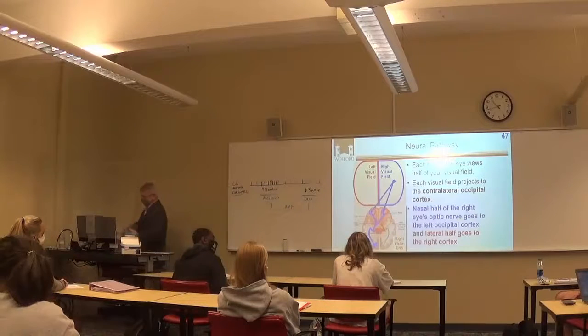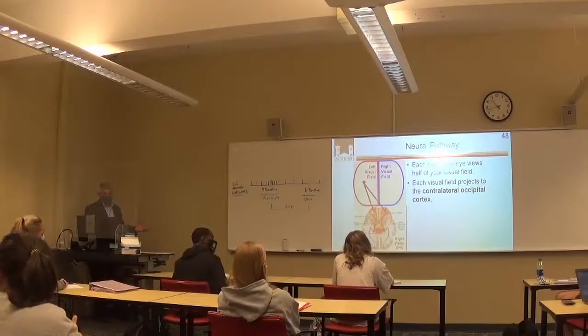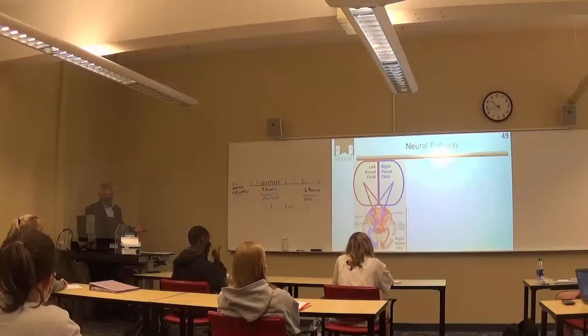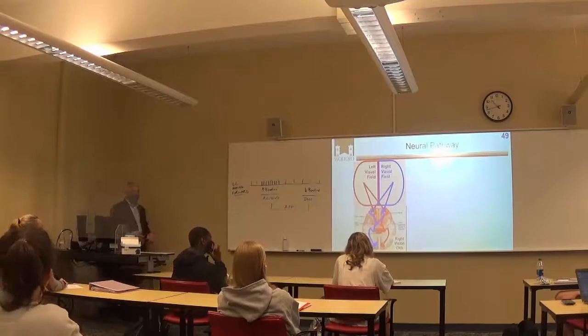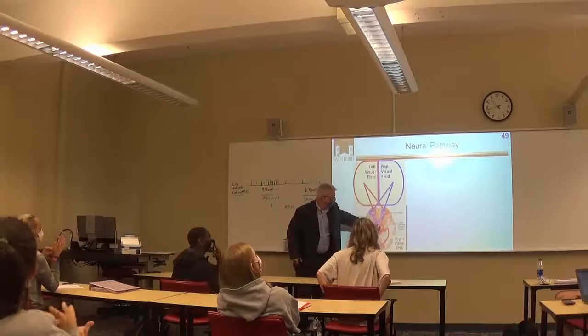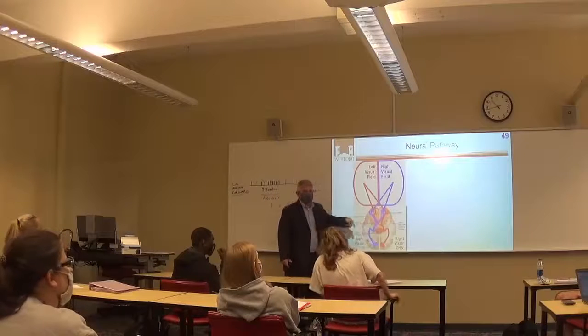All right? All right. Same thing for the left. It's going to come in, and the nasal or medial side is going to cross over. Right? So this is the way this sort of pathway looks, and it's the medial halves of each eye that are crossing at the optic chiasm, which is why I wanted you to know what the optic chiasm is.